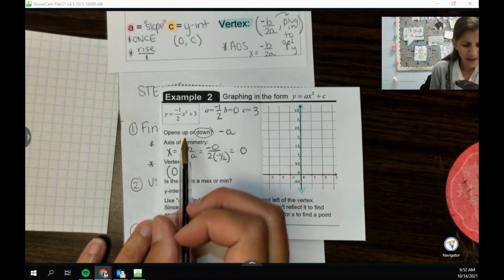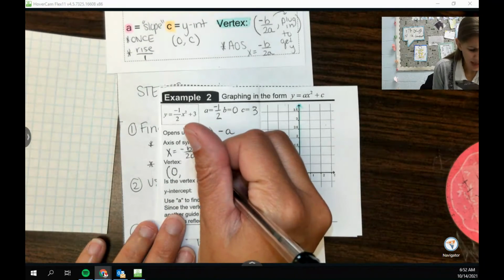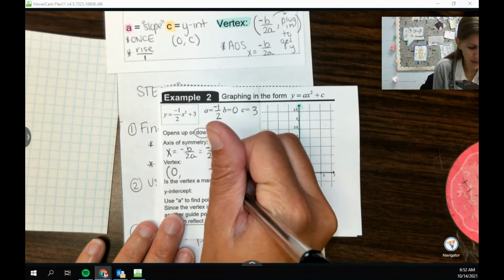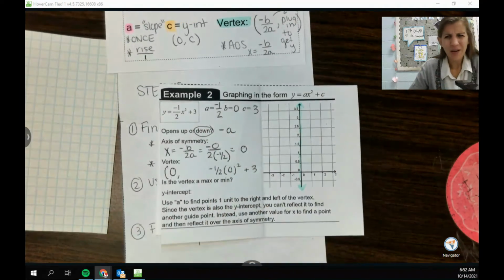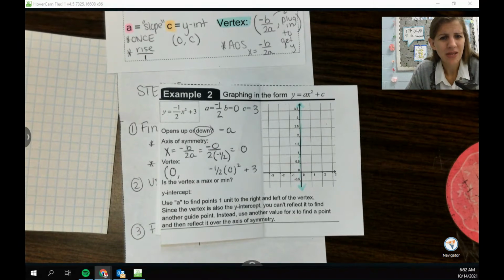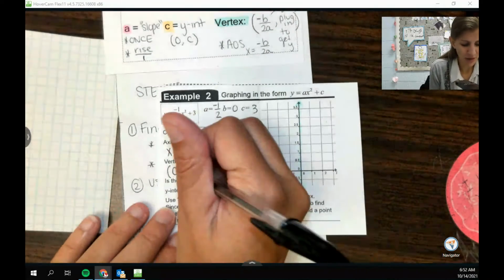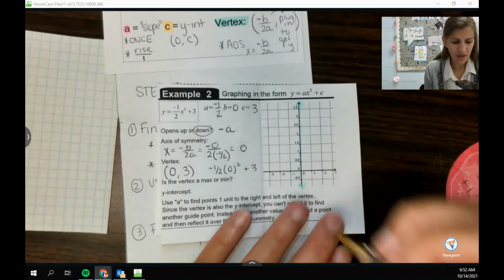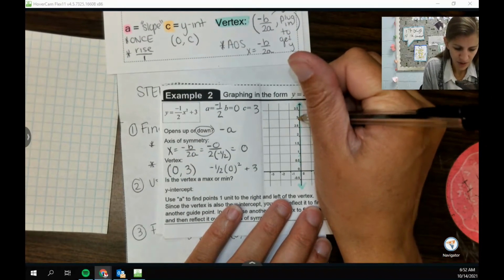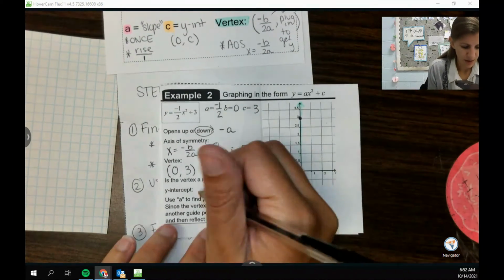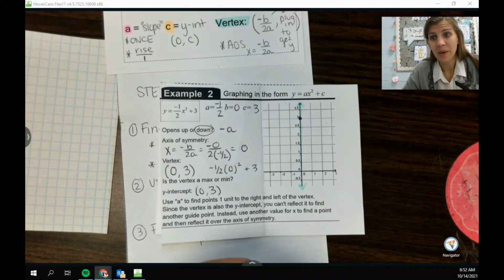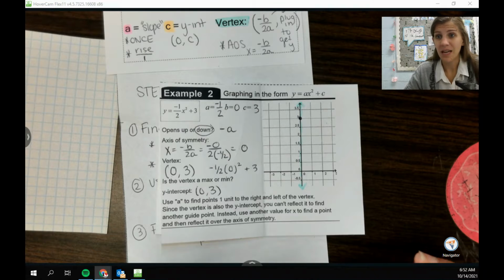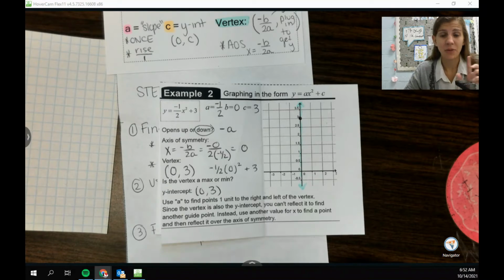To find the y value, we're going to plug this in, which maybe some of you are realizing is a bit sus, because normally I plug in 0 to find my y-intercept. I'm pretty sure right now I'm finding the vertex and the y-intercept. Oof. And the reason I say oof is because that's a bummer. We won't have 5 nice points like we like to have when we're graphing.